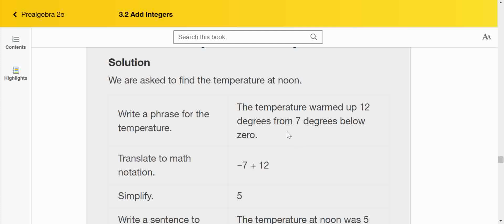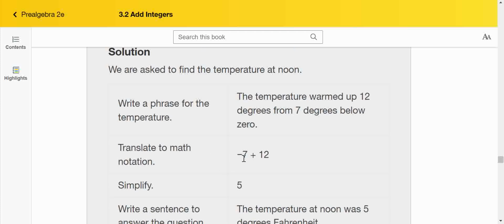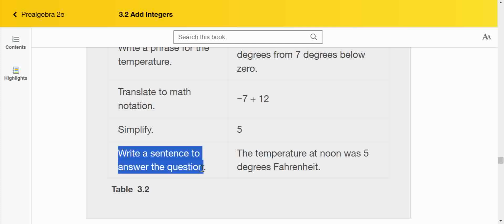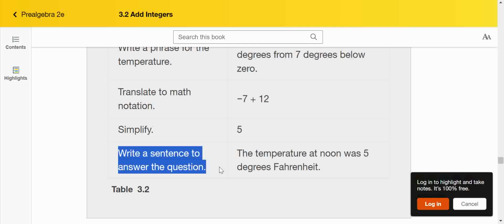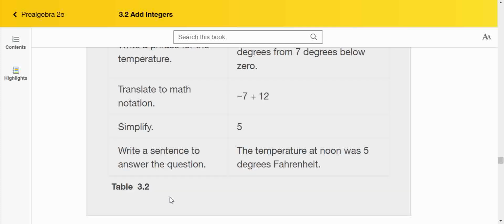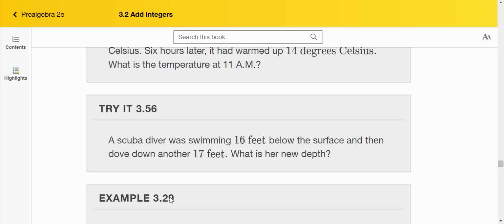The temperature warmed up 12 degrees from 7 degrees below zero. That means -7 plus 12. Simplify that, and we get 5. Write a sentence to answer the question. The temperature at noon was 5 degrees Fahrenheit. This is table 3.2. Very good. Some try it problems.